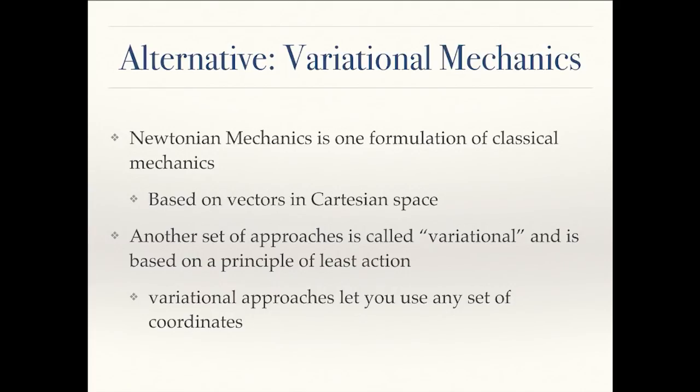So we actually define some action and minimize it, and it gives us the equations of motion similar to F equals ma. The difference is that in a variational approach, we don't have to use the Cartesian coordinates. We can actually use any set of coordinates. And the power of that approach is that we can use coordinates that take into account constraints. We'll come back to talk about that more near the end of the course today. So we can use a special set of coordinates that respect constraints and allow us to not explicitly characterize all the forces in the system.